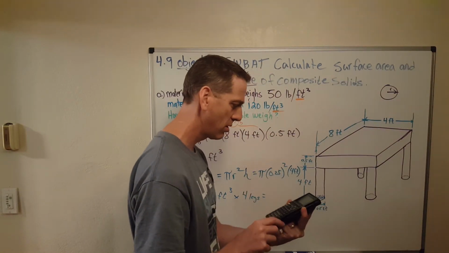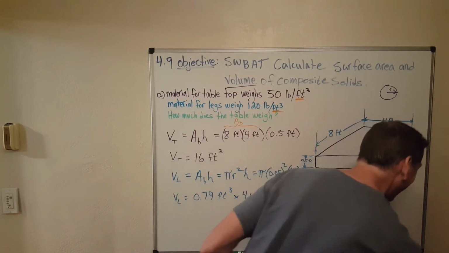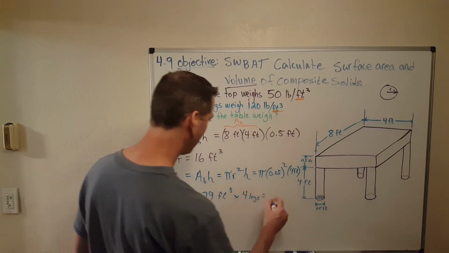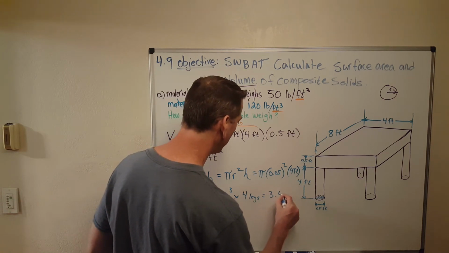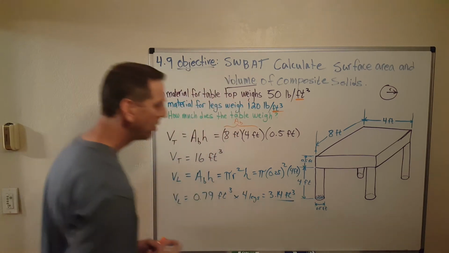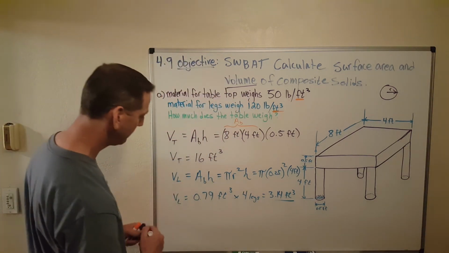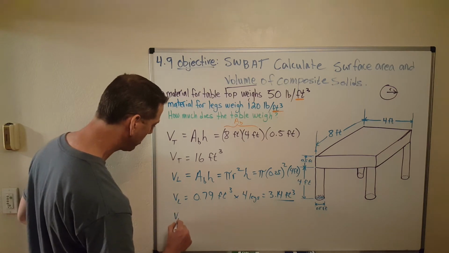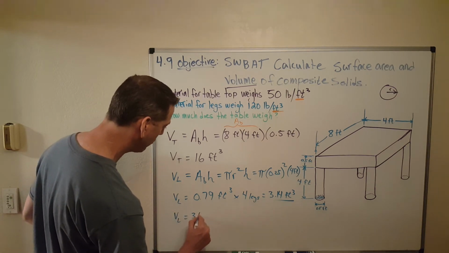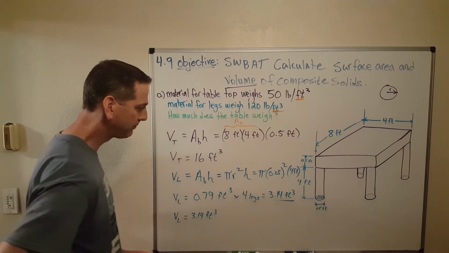Times 4, it equals pi, so about 3.14 cubic feet. That's the volume of my legs. In fact, let's write that right here, 3.14.